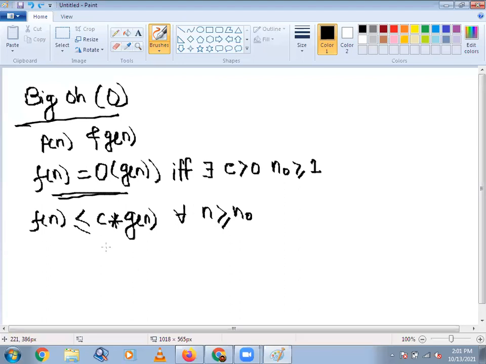And if we get a point that satisfies this equation, that point is known as the average point or n0.